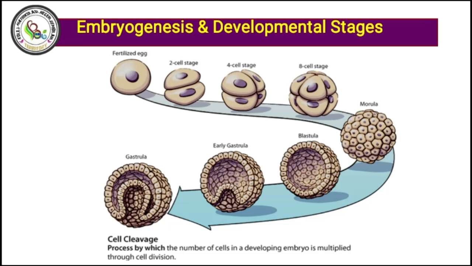A morula is formed when the cells consist of 16 or more cells forming a solid sphere or ball of cells. The morula has the same size as the original zygote and is still surrounded by the zona pellucida.